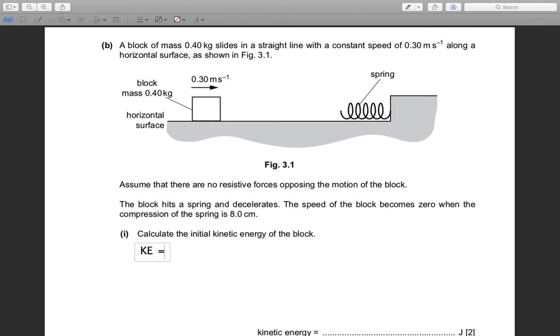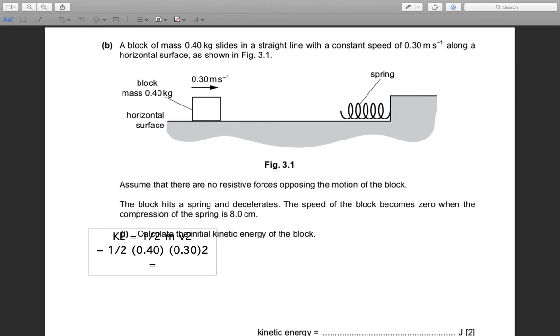Kinetic energy equals a half mv squared. So this is equal to a half, mass is 0.40, times velocity 0.30 squared.